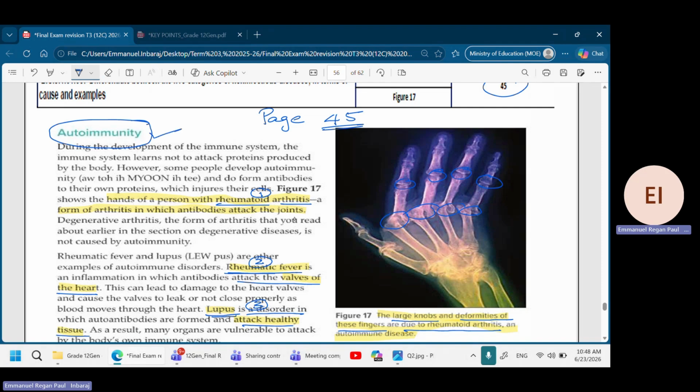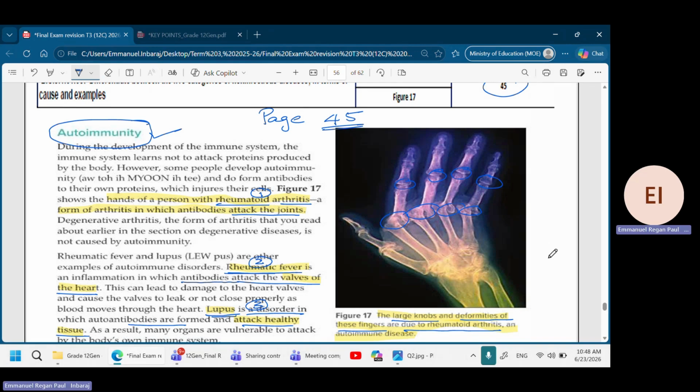Number 1, rheumatoid arthritis, where the antibodies attack the joints. Number 2, rheumatic fever, where the antibodies attack the valves of the heart. Number 3, lupus, a disorder where the antibodies attack the healthy tissues.